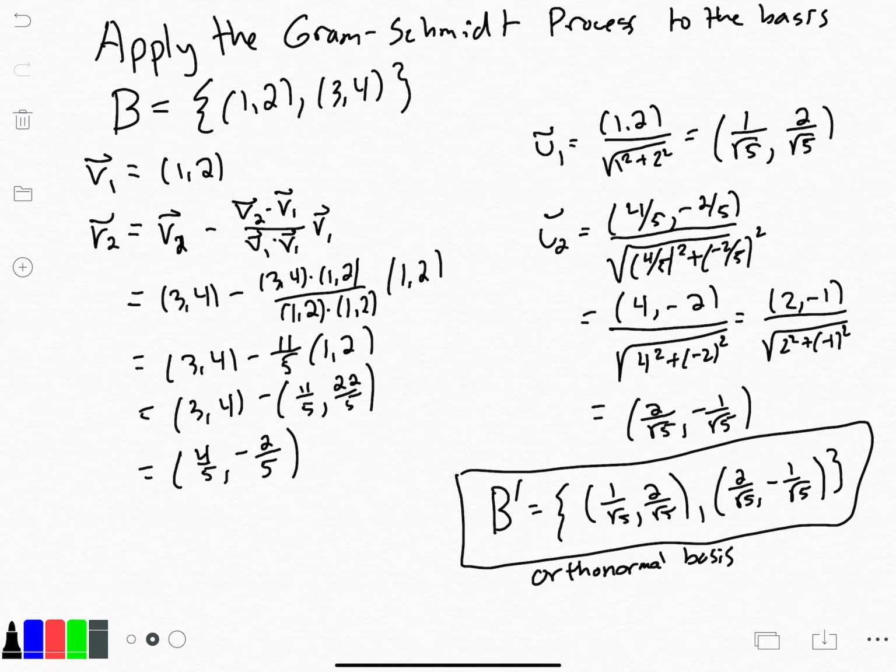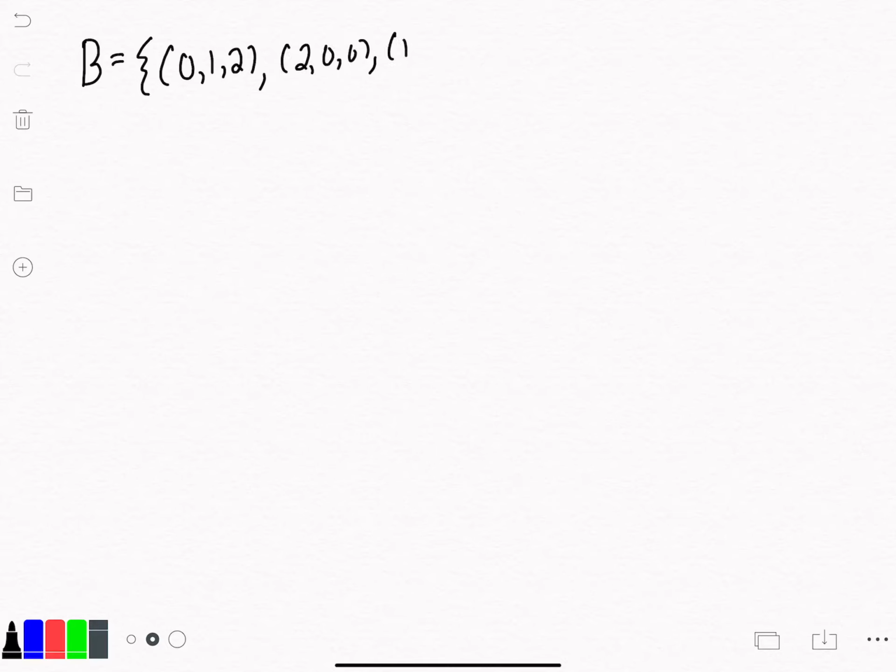Now, it doesn't take too much effort when you are doing a 2-vector version like this. So let's go ahead and try a 3-vector version. So let's say that my new starting basis is the following: (0, 1, 2), (2, 0, 0), (1, 1, 1).